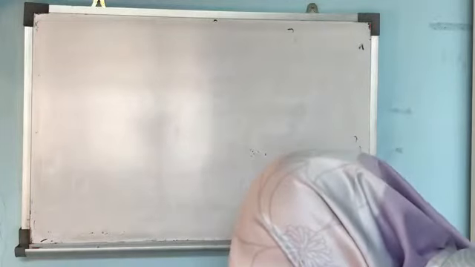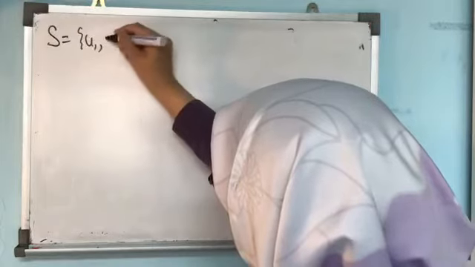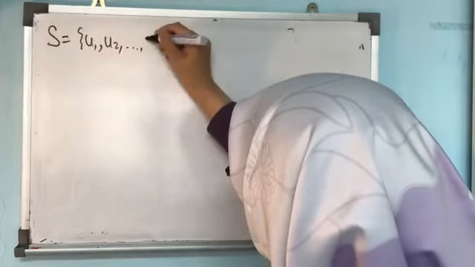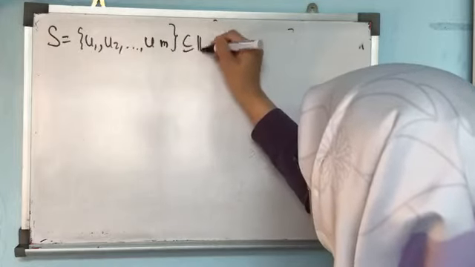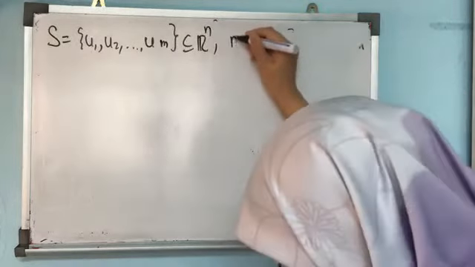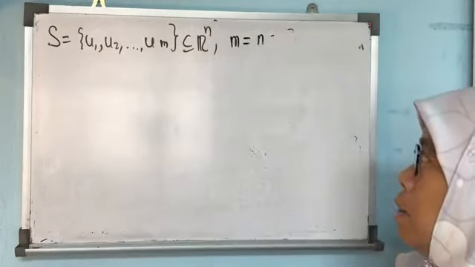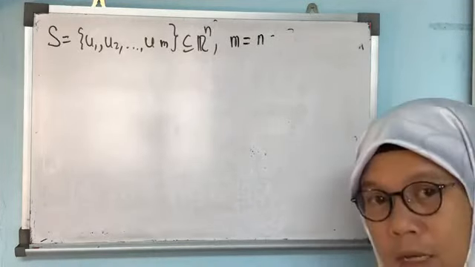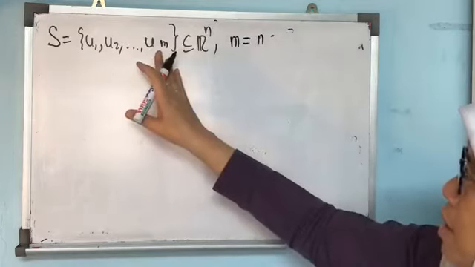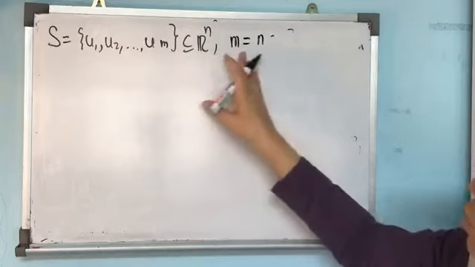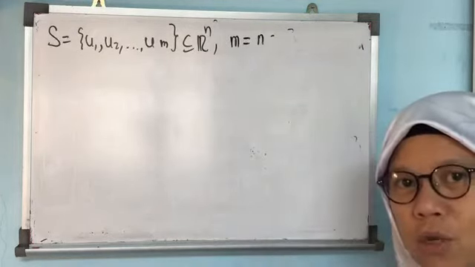The second one is when S is U1, U2, up to UM in Rn, and M equal N. Okay, if you remember in chapter 2, when M equals N, when you do the matrix, you get a square matrix.